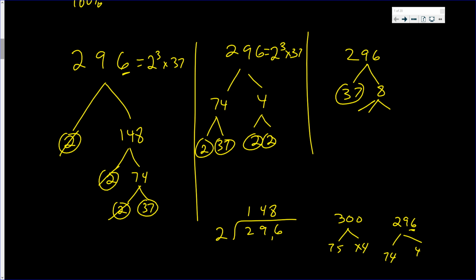Now, if you see 8 is 2 times 2 times 2, that's okay. You can put 3 branches. There's nothing wrong with that. It's typical to put 2 branches. That's how generally it's taught, but there's absolutely no reason why you can't put 3 branches. If your teacher says no, tell your teacher they don't know what they're talking about.